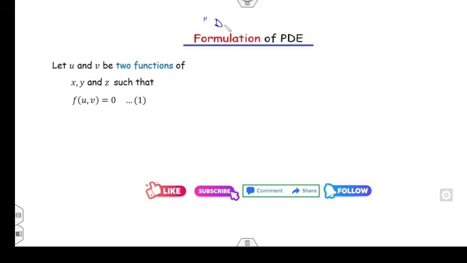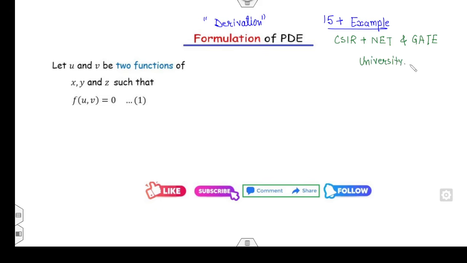I will first derive the formulation of the partial differential equations, and then I will explain with the help of 15 plus examples which are very helpful, not only from the theory point of view but also for CSIR NET and GATE examinations as well. Today's lecture is also useful for your university examinations.